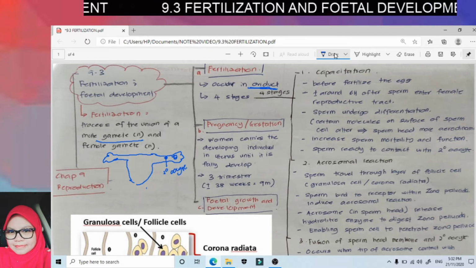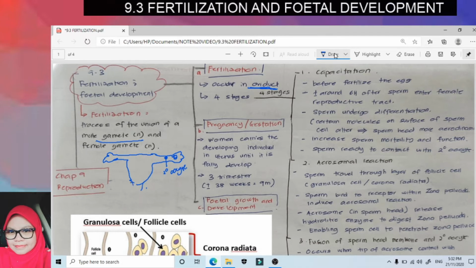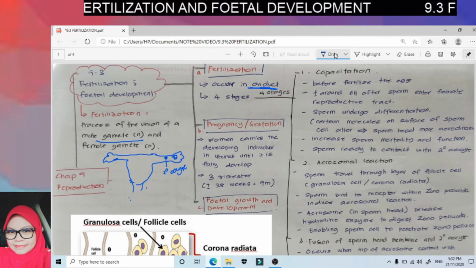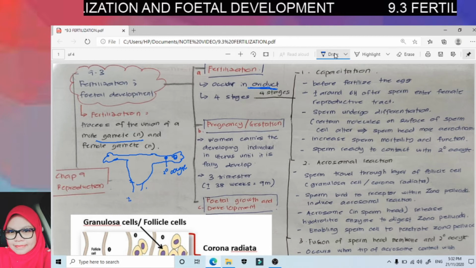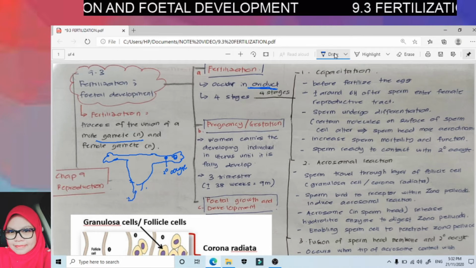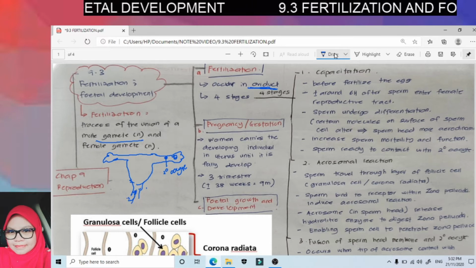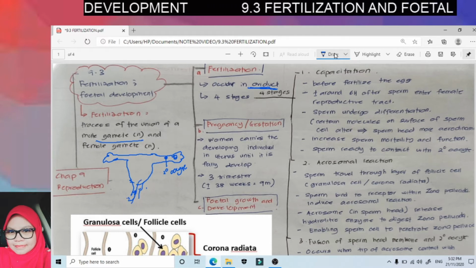Capacitation is the process when the male ejects the sperm, and the sperm will swim along the female reproductive tract.